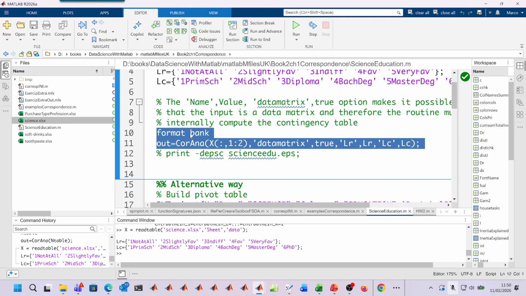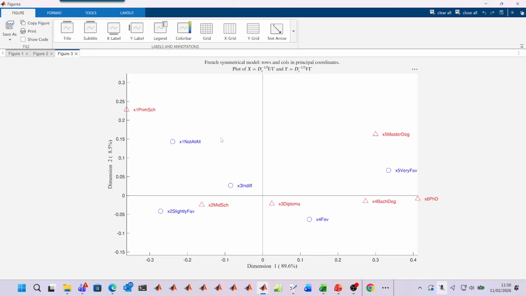Right, let us do it, and then let us interpret it. What is the dimension which is on the row? The first latent dimension explains 90% of the variability of the data, 90% of the total inertia. So therefore, the data lie mainly on a straight line.